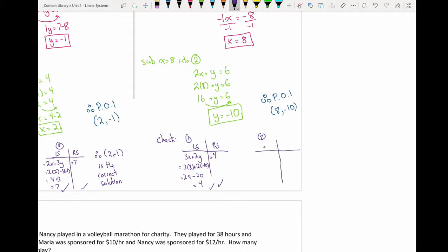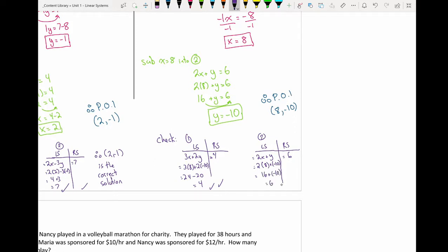Equation 2, left side, right side. So equation 2, right side was 6, and then 2x plus y. So 2 times 8 plus negative 10. So 16 plus negative 10.